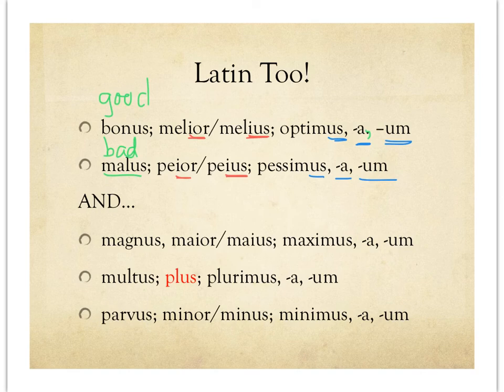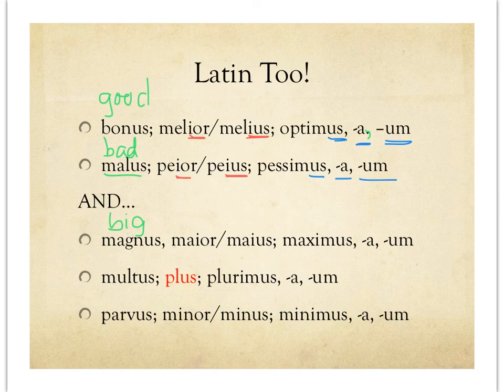And then we do have a handful of others that work in this same way, just like bonus and malus. Those adjectives are magnus, which means big. So although big in English is totally regular, big, bigger, biggest, in Latin, it's magnus, major or maius in the neuter, and maximus, maxima, maximum in the superlative.